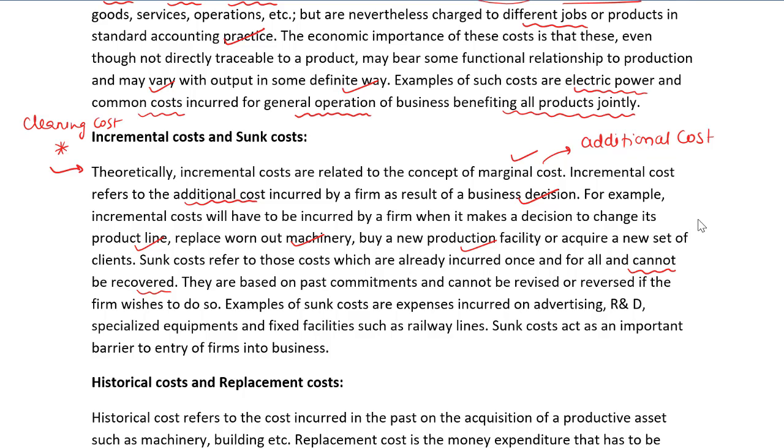They are based on past commitments and cannot be revised or reversed if the firm wishes to do so. Examples of sunk cost could be the expenses incurred on research and development, expenses incurred on advertising. Supposing because of the advertising there is no benefit to the organization, still you can't recover this cost back. Specialized equipment and fixed facilities such as railway lines, sunk costs act as an important barrier to entry of firms into the business because there is no possibility of recovery.